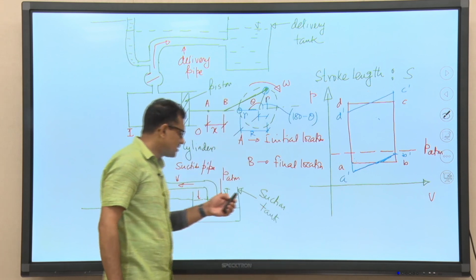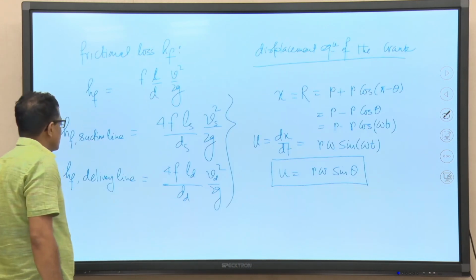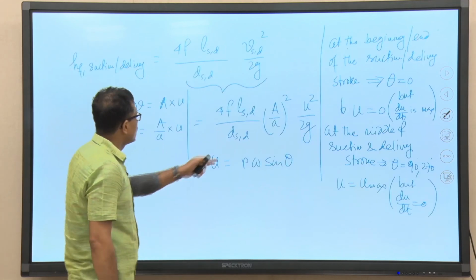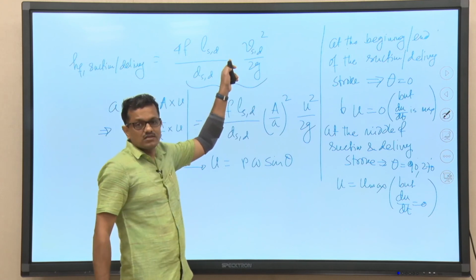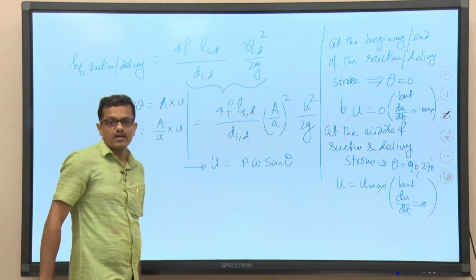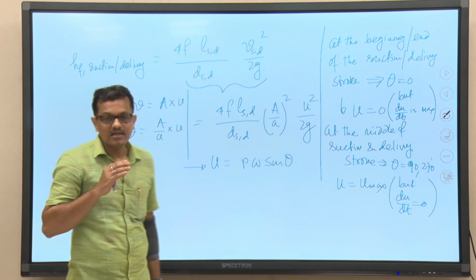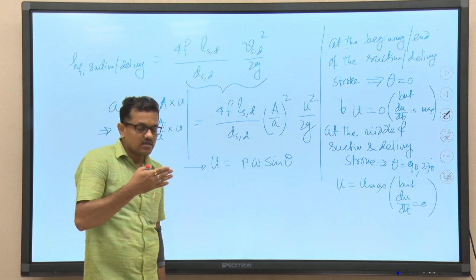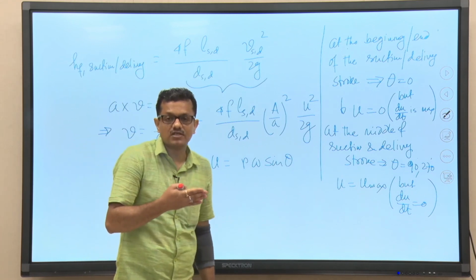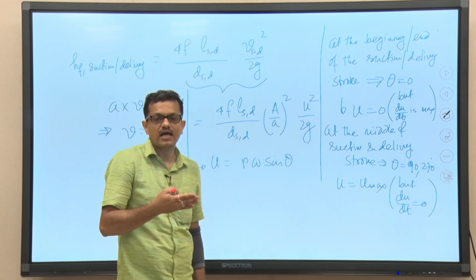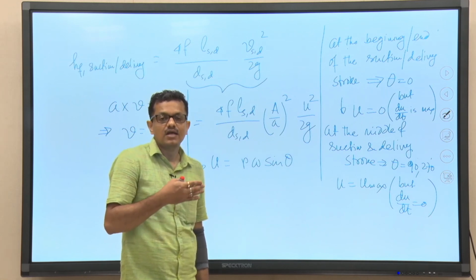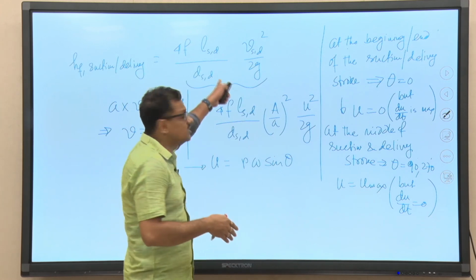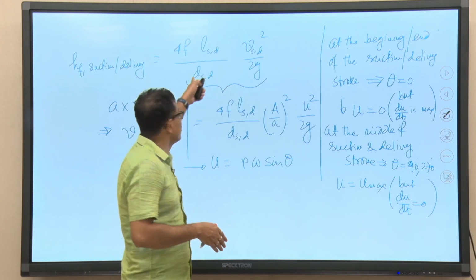Now see, you have studied that if you look at this particular expression, this loss varies with v square. So, this is very important. The nature of the curve, rather the effect due to friction, if we consider the frictional effect and modify the indicator diagram, the nature of the modified curve will follow this equation, because frictional loss is governed by this equation.